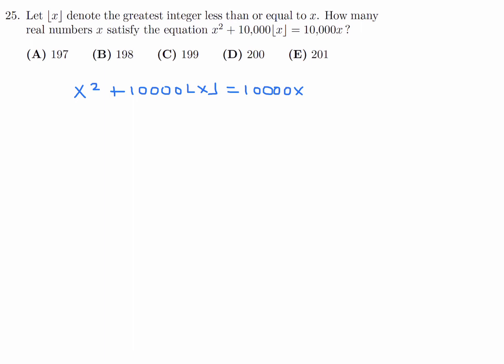Let's bring the x squared to the other side. So this side would become bracket x is equal to 10,000x minus x squared, and therefore now I can divide through by 10,000, and it's going to leave me with just x minus x squared over 10,000.